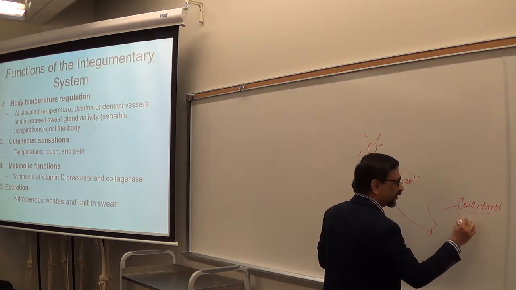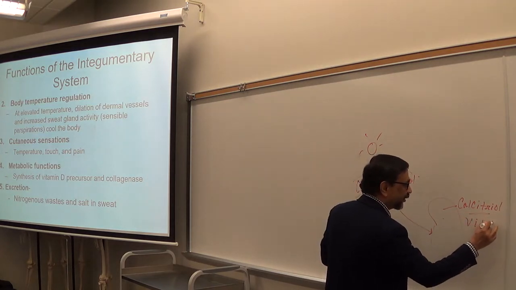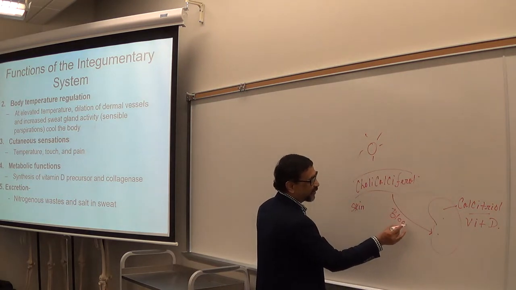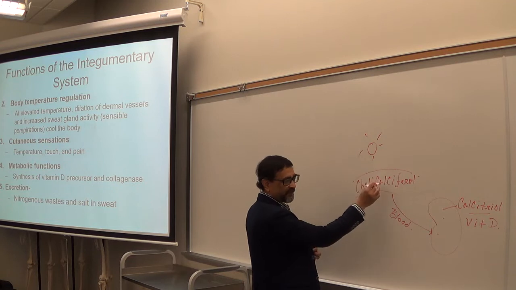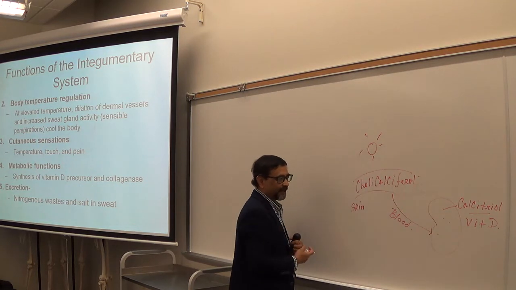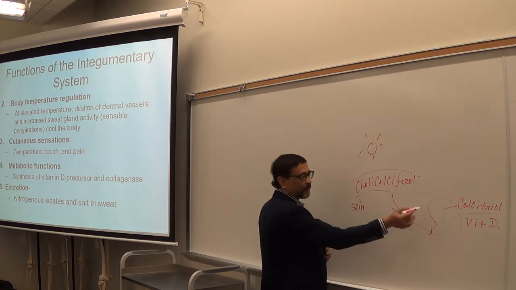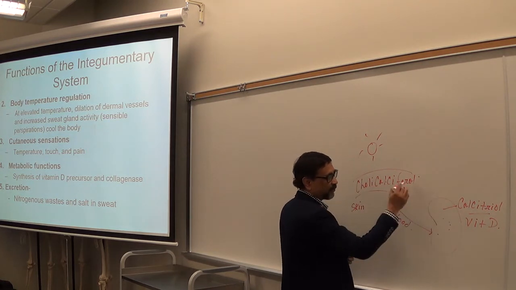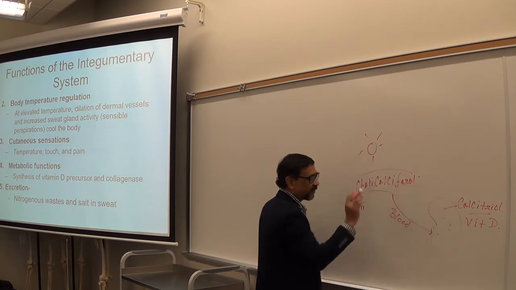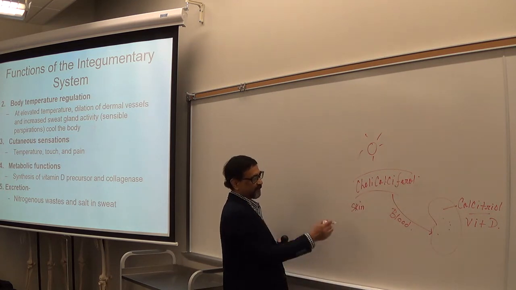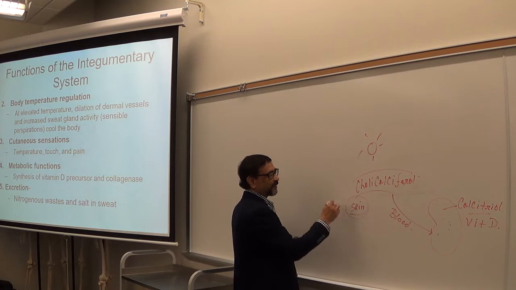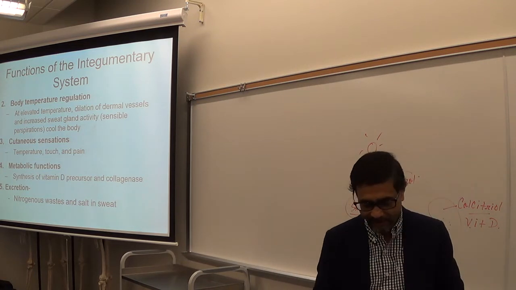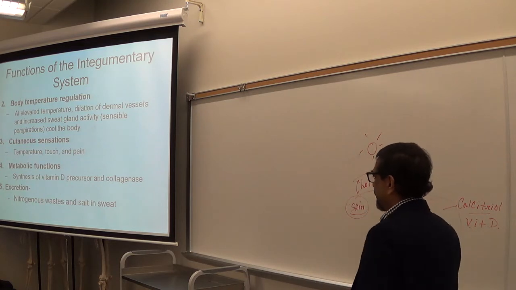Calcitriol is an active vitamin D. So blood takes the cholecalciferol from the skin to the kidney, because the kidney has the enzyme that will convert cholecalciferol to calcitriol. Converting enzyme is there. So you will now see that your skin helps in the synthesis of vitamin D, which is very important.